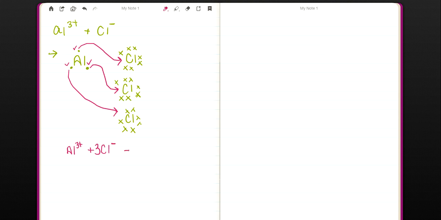Because of that, this number here will go to the end there, and because this is a 1, this will go here. Then you would have AlCl3. And that's a wrap for ionic bonding.